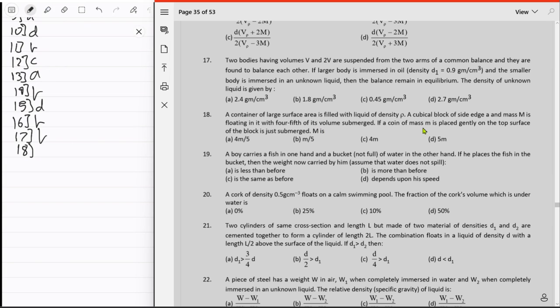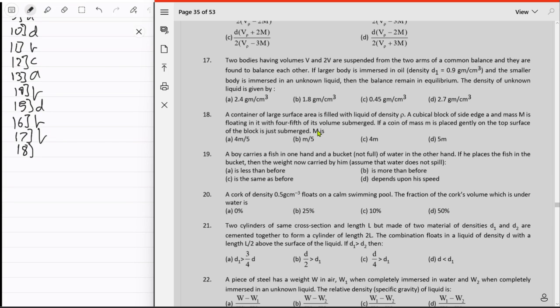If a coin is placed gently on the top surface, you need an extra 1/5 volume of buoyant force, right? So we need to figure out the volume, but we know the 4/5 volume part.